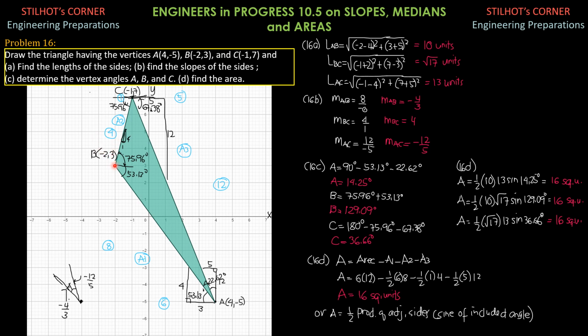So in counterclockwise direction, we extend it this way, so it will be negative. So it should be 180 degrees minus the absolute value of whatever is the result.